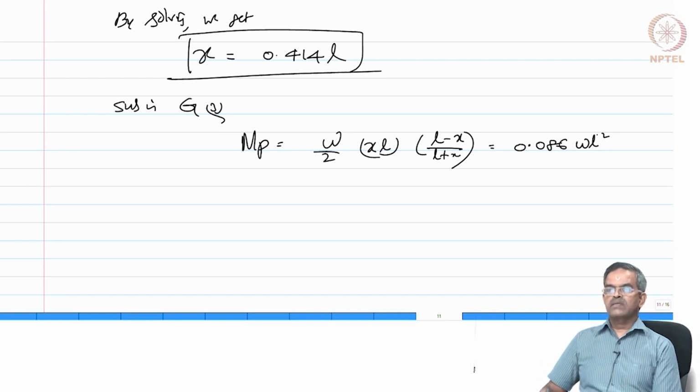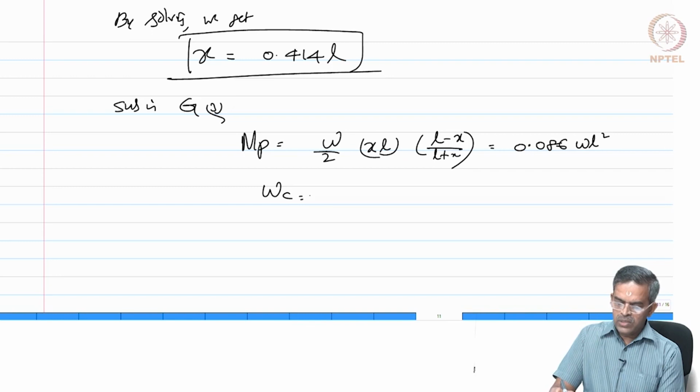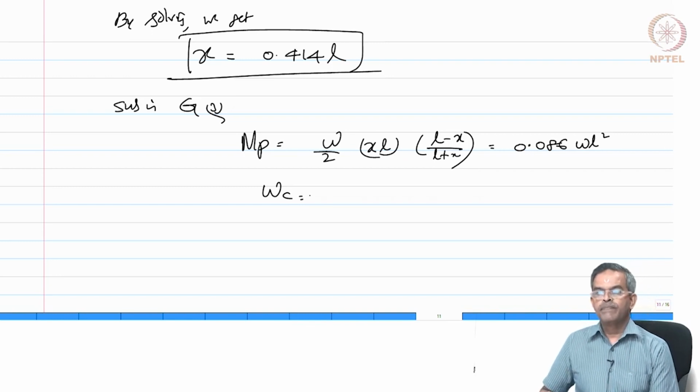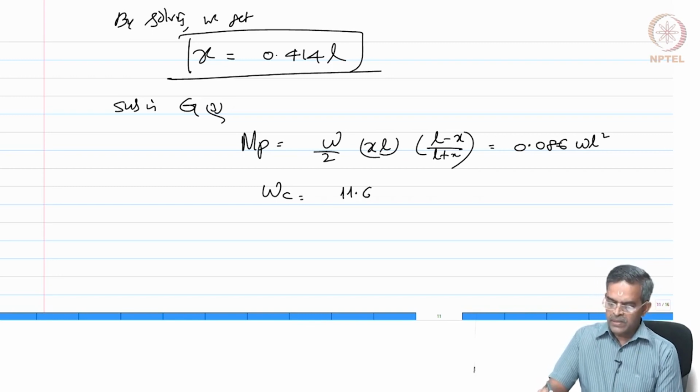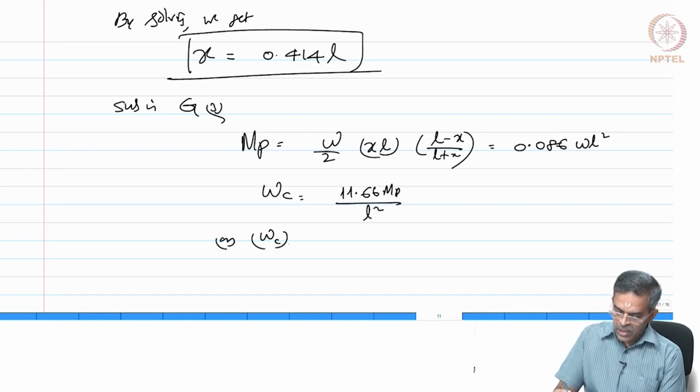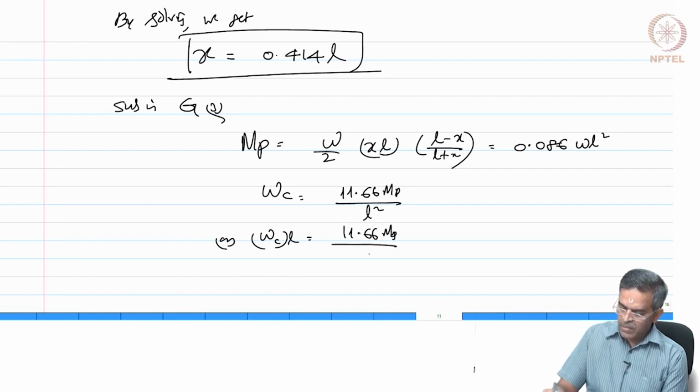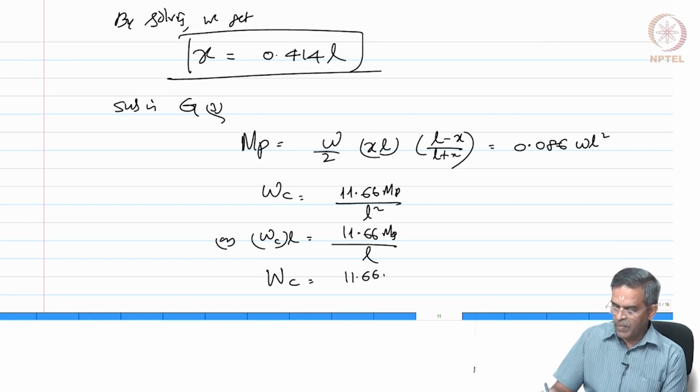You can try and see. So, therefore, WC is now going to be 11.66 MP by L square, or WC into L will be 11.66 MP by L, where I can say capital WC is 11.66 MP by L.